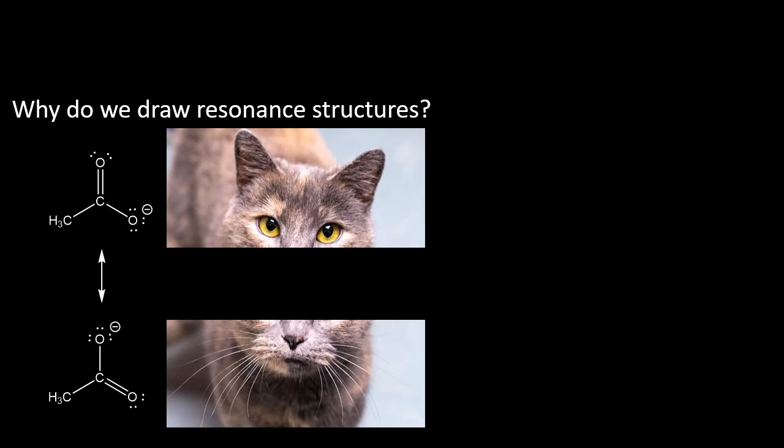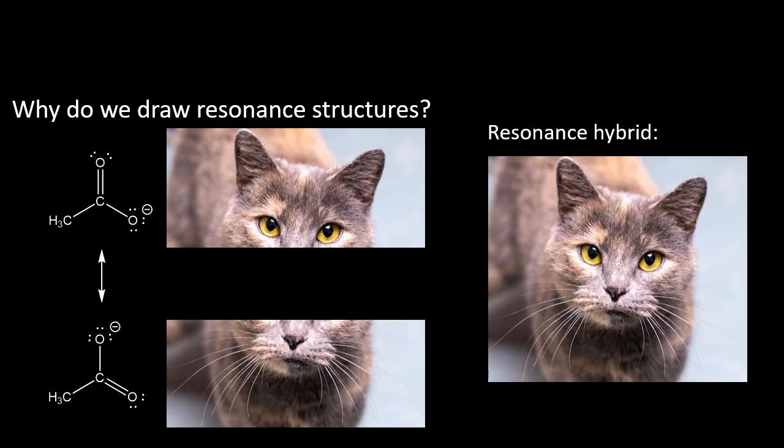So these are both pictures of the same thing, right? And just like our resonance structures, they're also a 2D representation of a 3D object. But if we put these two pictures together, then we get a better understanding of what the molecule, or the cat in this case, that we're actually dealing with looks like.